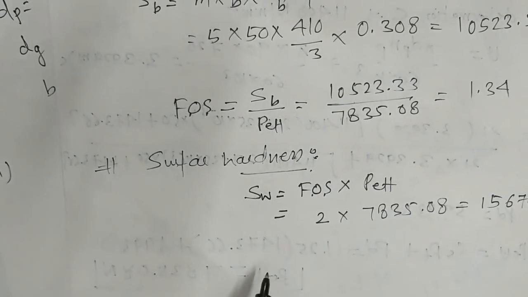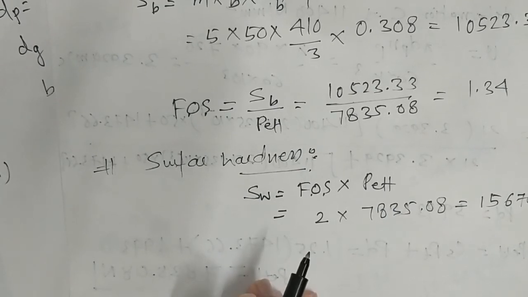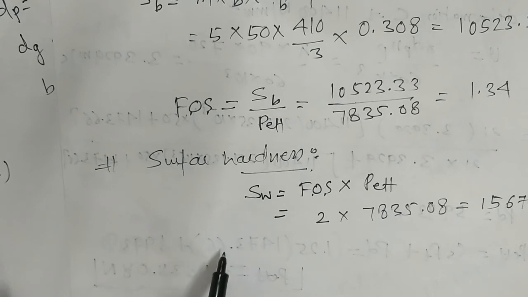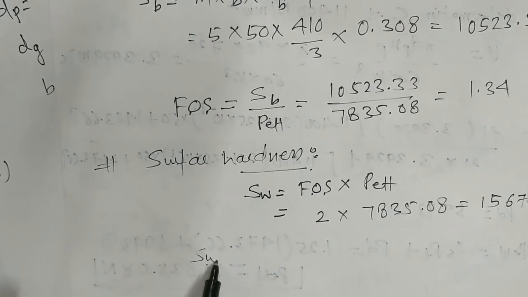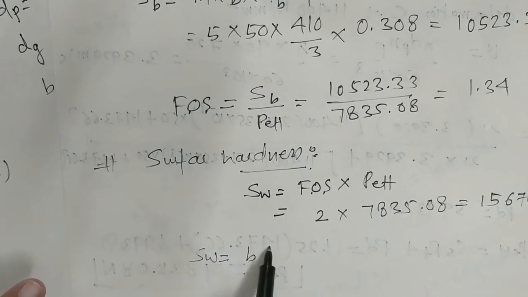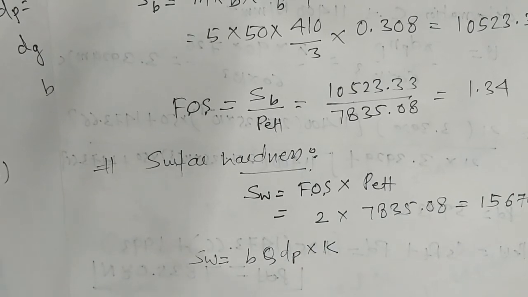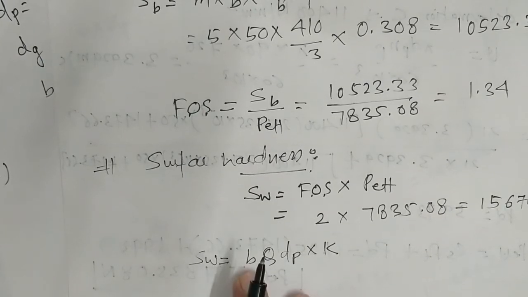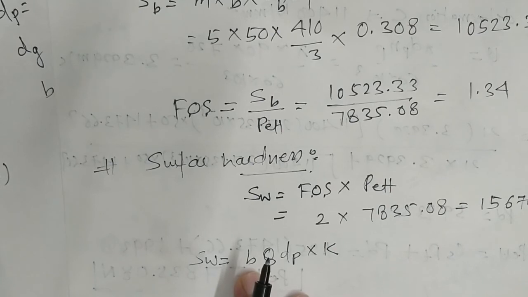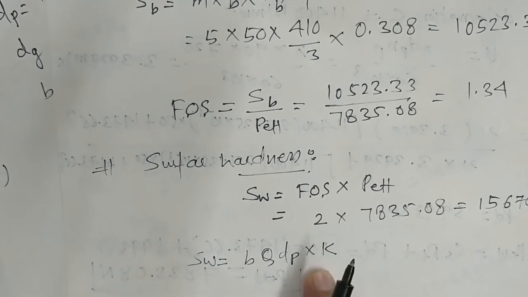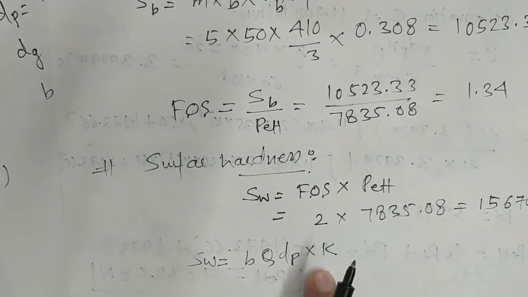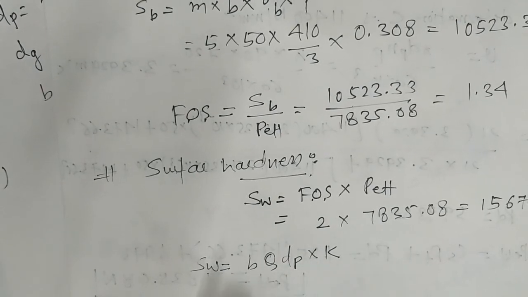The wear strength of the gear is given as SW is equal to B capital Q dP multiplied by capital K. So B is face width, and K is load stress factor, and Q is ratio factor.